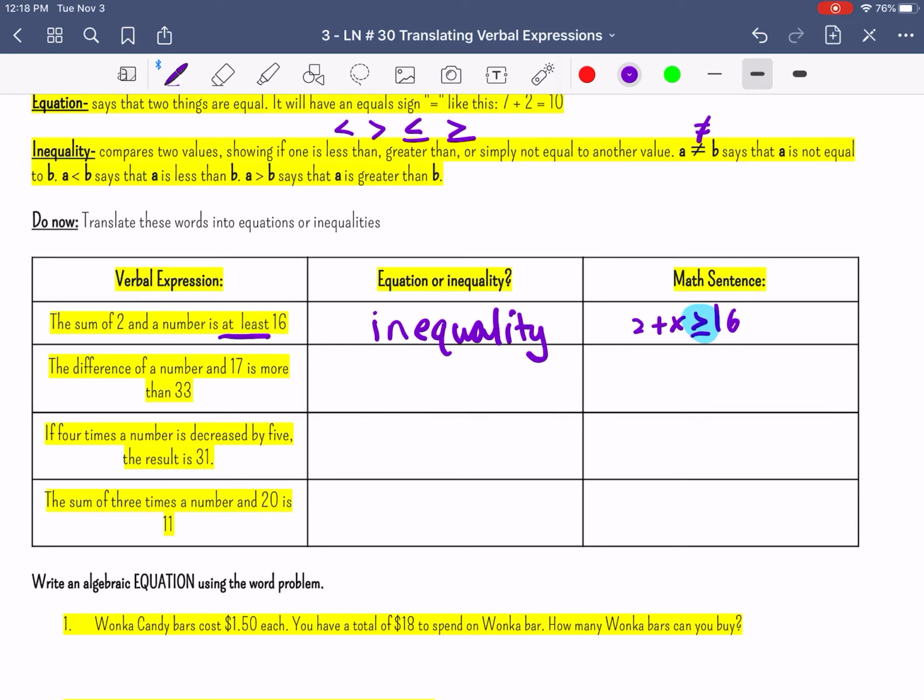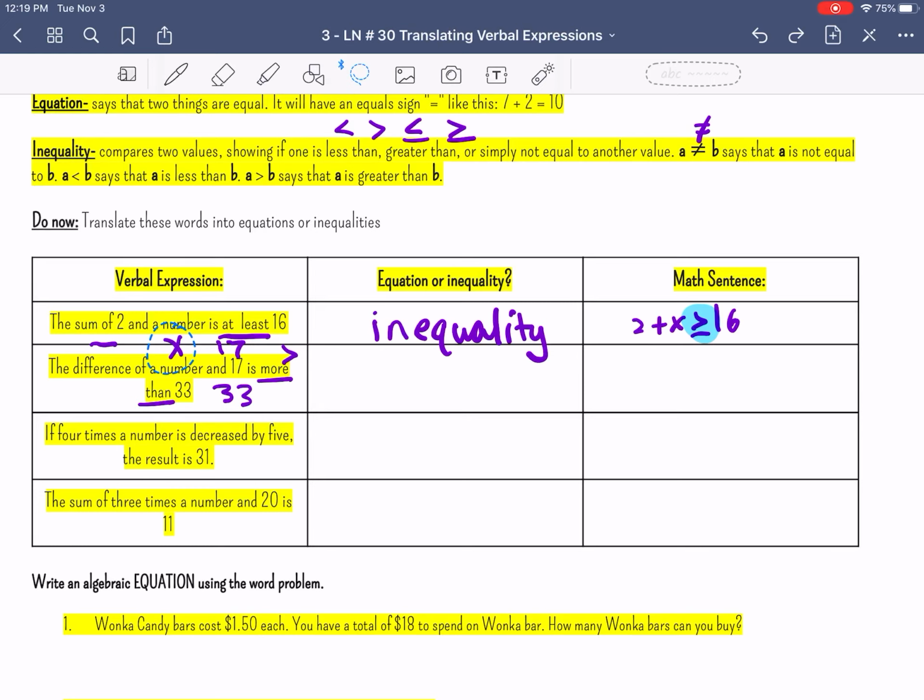So now the next question says the difference of a number and 17 is more than 33. So this is the key word, more than. That means it's an inequality. Well, I gave you the answer for that. And you're going to have to write the math sentence.